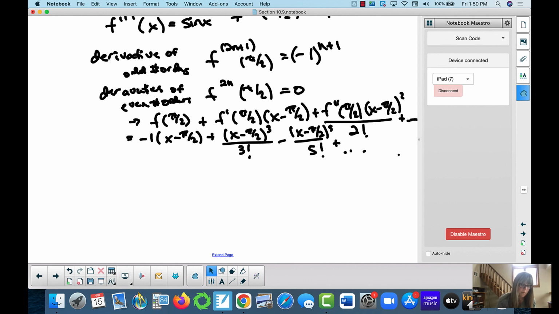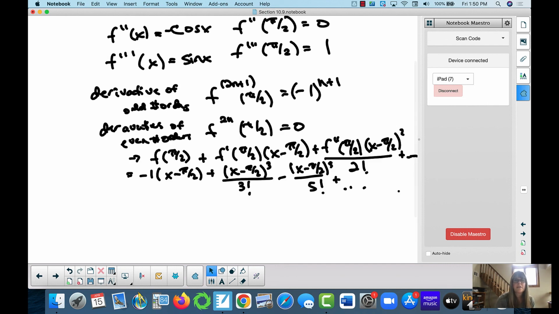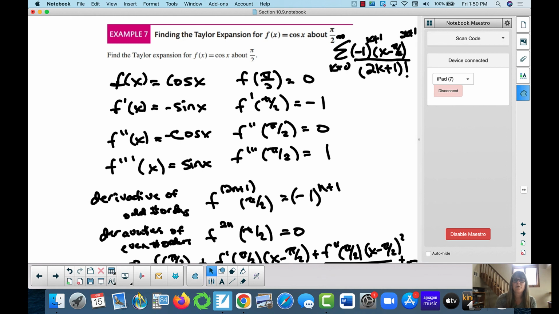And then we have our x minus pi over 2 to the 2k plus 1 power over 2k plus 1 factorial, again, because we're representing all these odd numbers here. So that would be 2k plus 1. Odd numbers here would be the 2k plus 1. So that's going to be the series that is the Taylor expansion for cosine about x minus pi over 2.